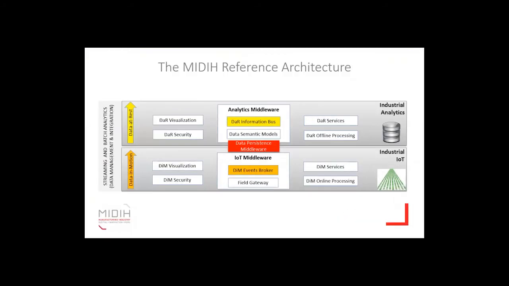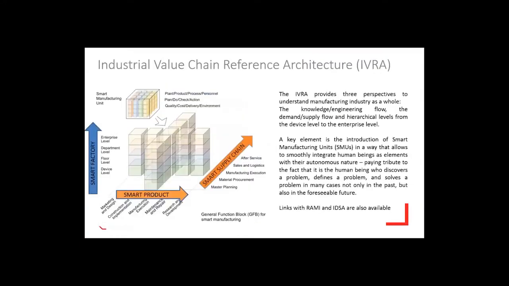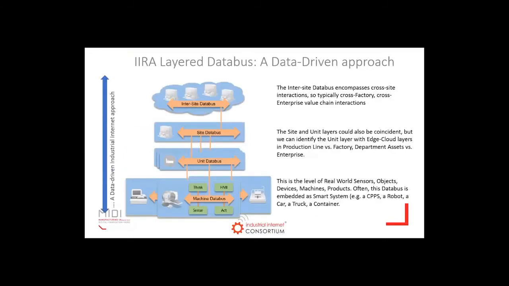You can see the slides now. Everything is okay. So maybe I will go up a couple of slides. And so you have these three scenarios: smart factory, smart product, smart supply chain. We have a data-oriented architecture, which is inspired by the Industrial Internet Consortium architecture.